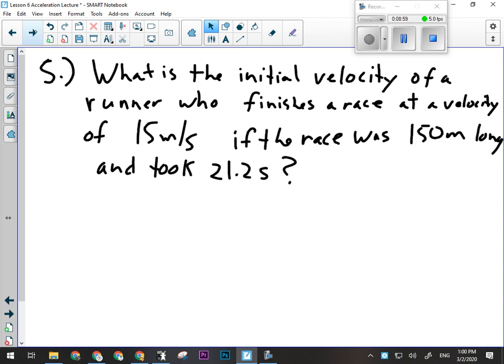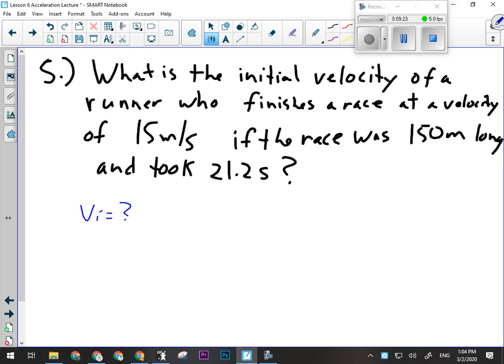You're looking for the initial velocity of a runner who finishes a race at a velocity of 15 meters per second. The race was 150 meters long and took 21.2 seconds. I will add to that he accelerated uniformly the entire time. So on this one, we're looking for VI.